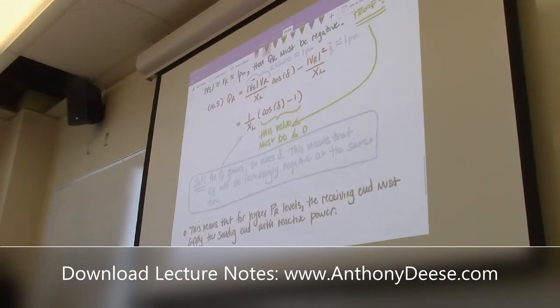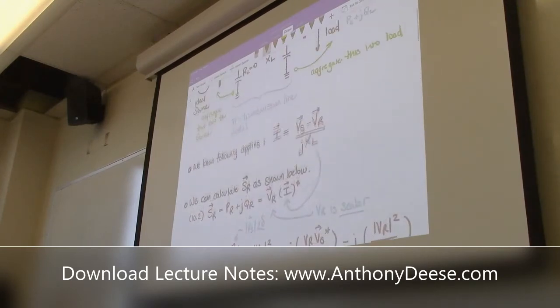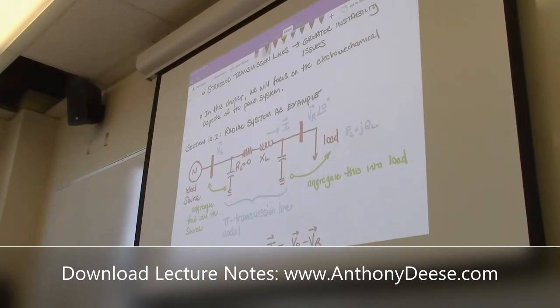So what does QR being negative mean? If we go back to this figure up here, the direction of SR looks like that. So QR being negative means that it's actually supplying reactive power back to the system.